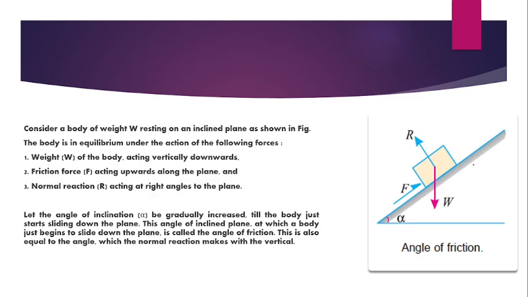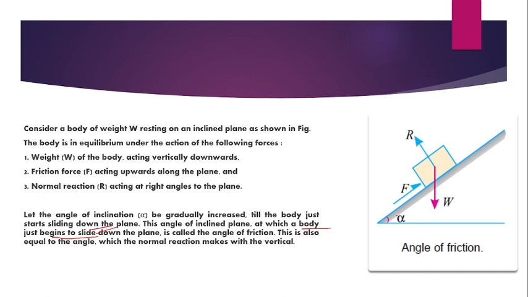Looking at this figure, we can see an inclined surface, inclined at alpha degrees with the horizontal direction, and resting on it is another body having a weight W. This body is at rest, and when the angle alpha is gradually increased till the body just starts sliding down the plane, this angle of the inclined plane at which a body just begins to slide down is called the angle of friction.